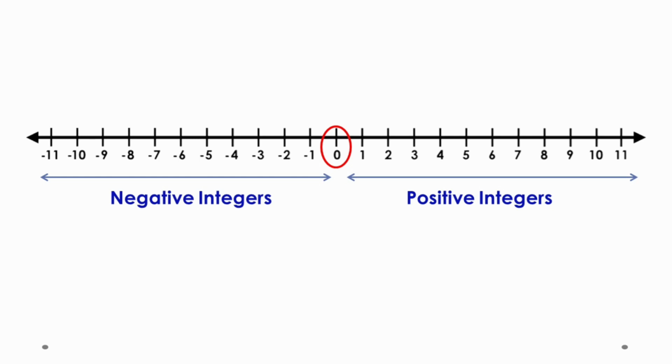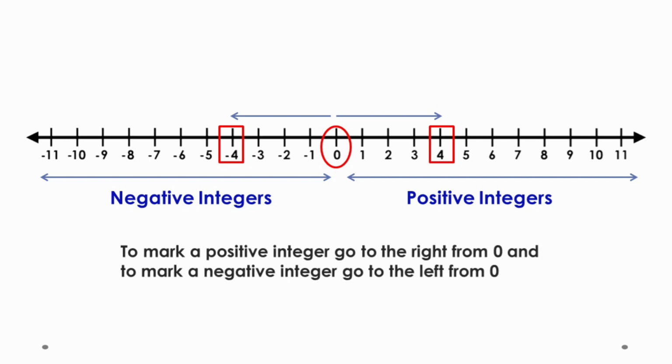Here, to mark +4 on the number line, we move 4 spaces to the right of 0. And to mark -4 on the number line, we move 4 spaces left of 0. In the same fashion, we can mark any integer on the number line. To mark a positive integer, go to the right from 0, and to mark a negative integer, go to the left from 0.